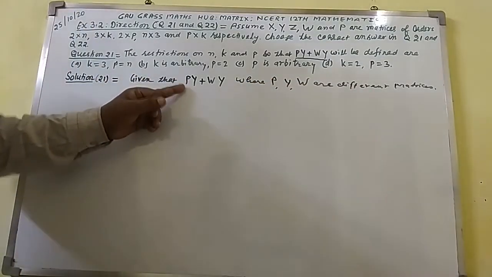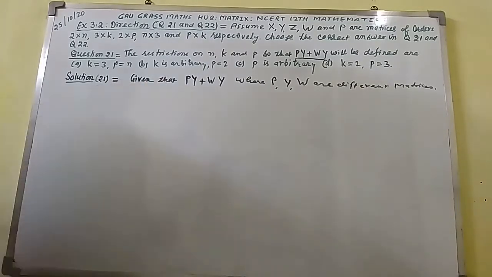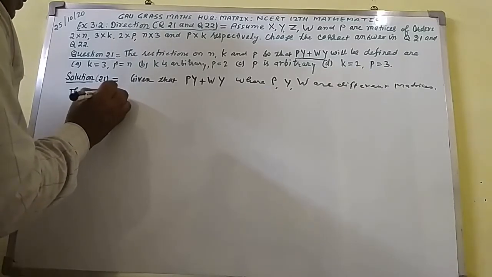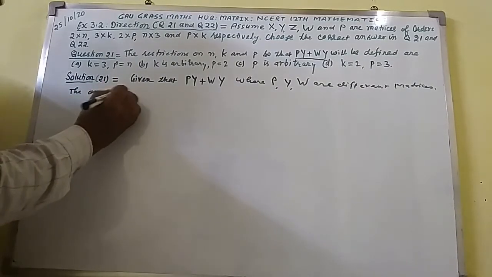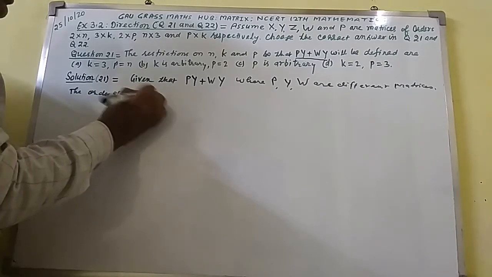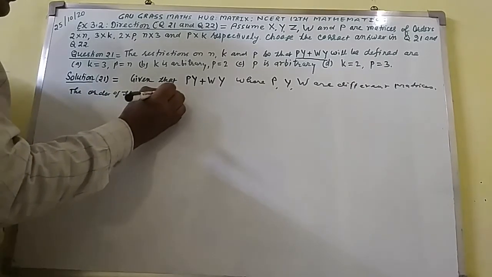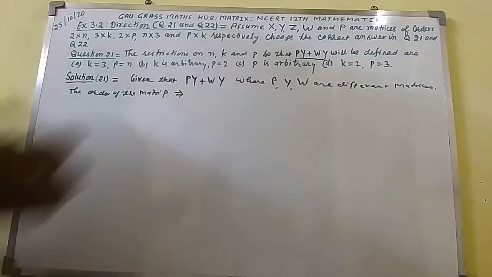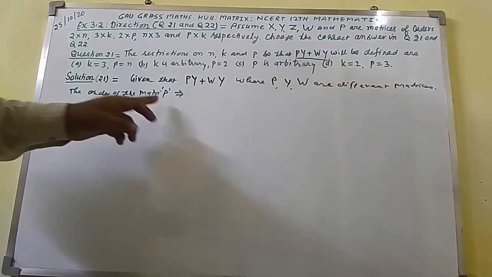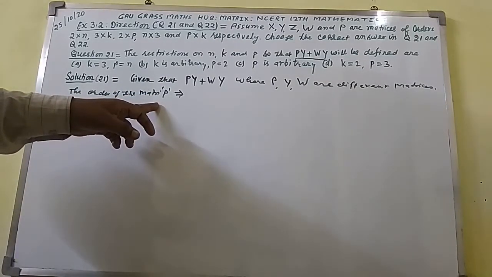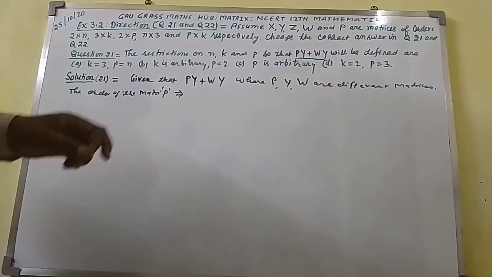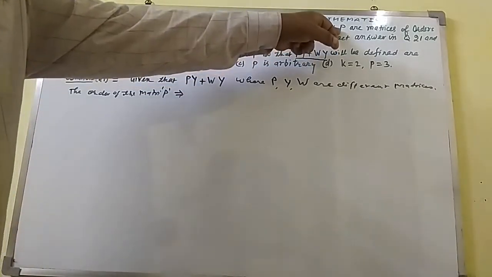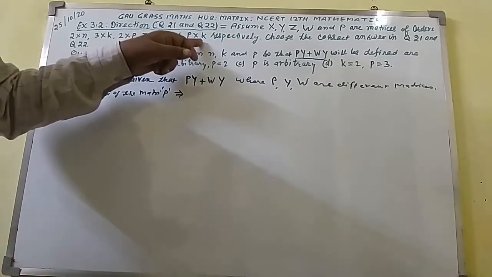So here it is given the order of the matrix P. The order of the matrix P, you can see, respectively is related to p × k.